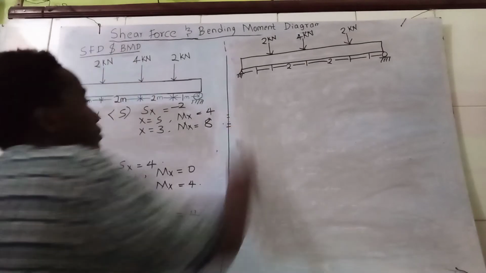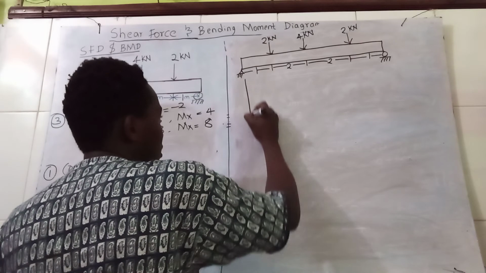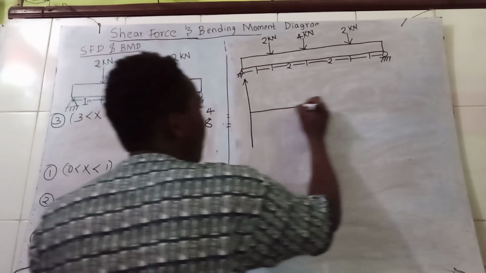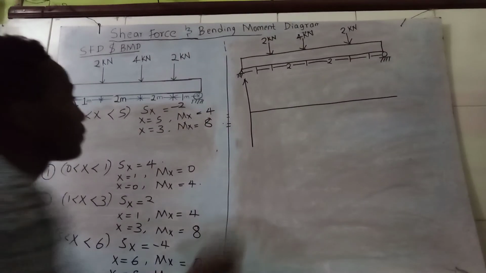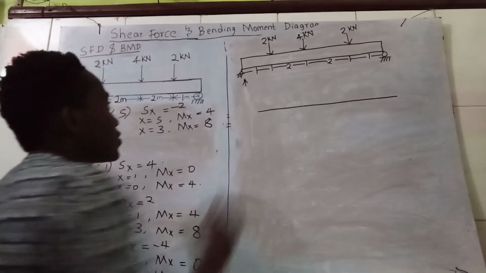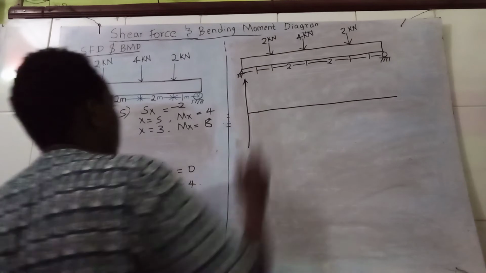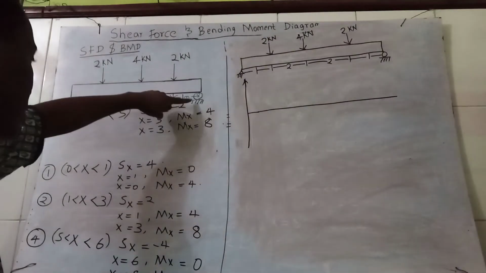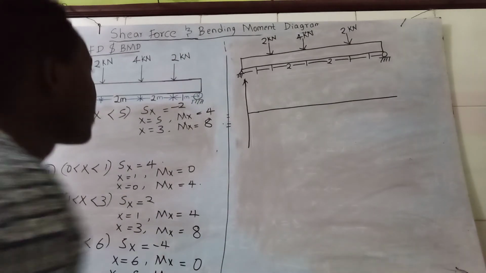Now you're going to start by drawing the shear force. So that being my reference point, that is not a good straight line. Okay. So for the shear force, the greater value I have is negative 2 and negative 4.